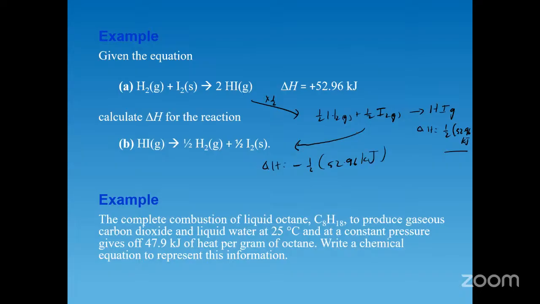So 52.96 divided by 2, and the minus sign in front of it will result in the answer being equal to minus 26.48 kilojoules, right? So that would be the answer that the question is asking for, which is the delta H of this equation. All right?